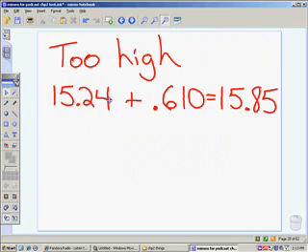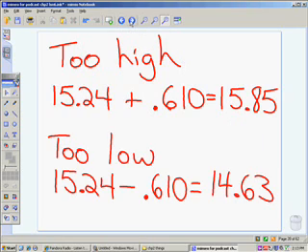So to have the value that would be just a little bit too high for an A+, I add the 0.61 to our correct value. And so 15.85, that's the highest that you can get on your measurement and still get an A+ grade. And now we're going to subtract that in order to get the lowest value for the A+ grade. So we take our correct value minus the 4%, and we get 14.63.